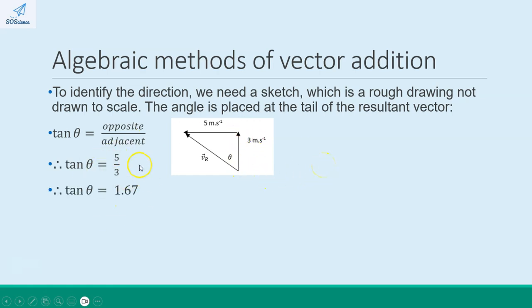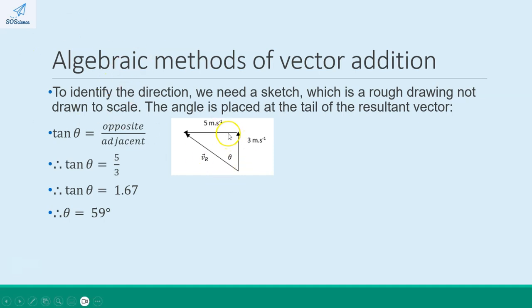So tan theta is 1.67. On your calculator, you may now plug in shift tan. It then shows you a tan to the minus 1 with an open bracket. You plug in 1.67 and you close the bracket. And you press the equal sign and you will get a value of 59 degrees.